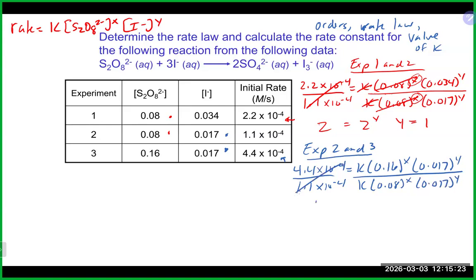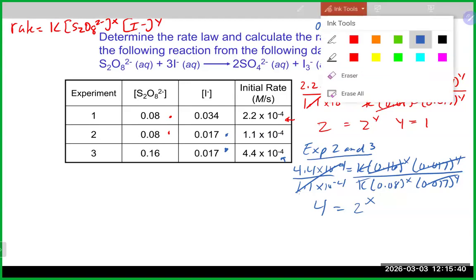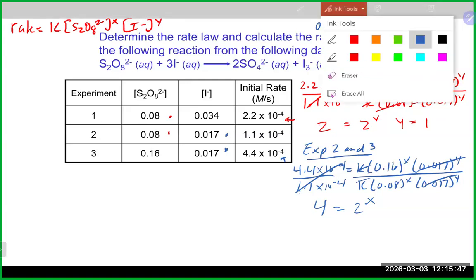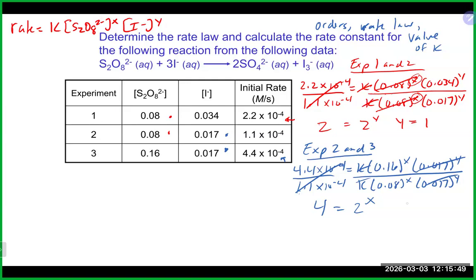Doing our division, that's going to give us a 4. The rate constants cancel, and the I- terms cancel, but here we end up with 2 to the x. At this point, we could solve for x, and you can probably figure it out. In this case, x is going to equal 2.